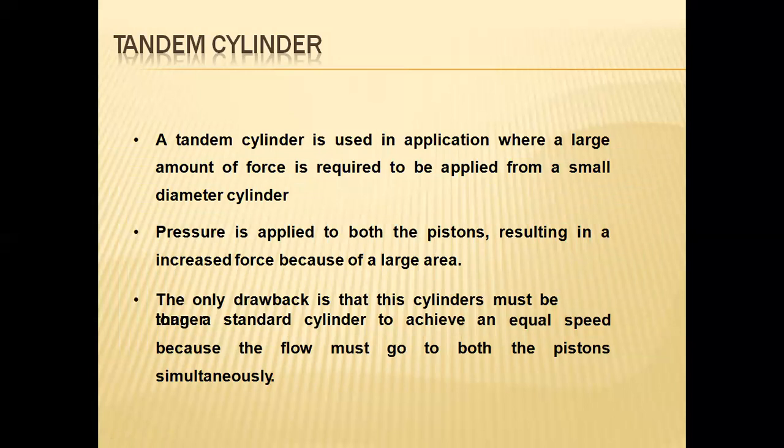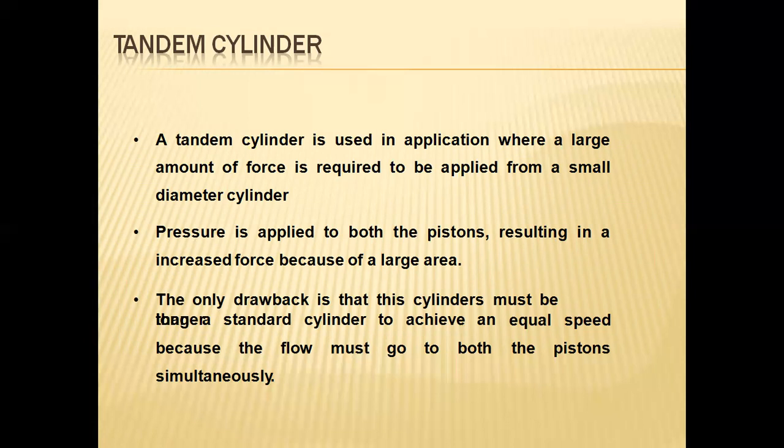The major application of the tandem cylinder is when a large amount of force is required from small diameter cylinders. They are used to move heavy loads, for example in lift carriers, lifting weights from one altitude to very high altitudes, and so on. Even so, it has a main drawback: the cylinders must be matched with a standard cylinder to achieve equal speed.